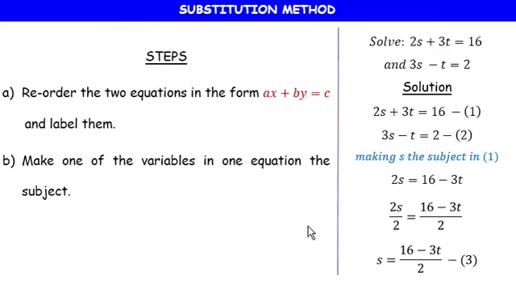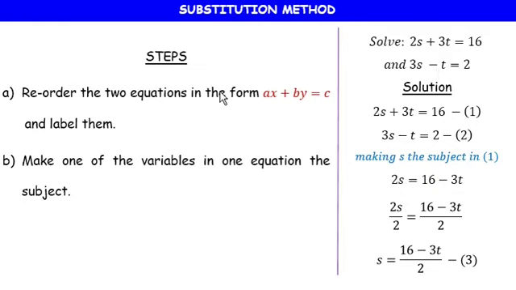So the second method of solving simultaneous equations is what we call the substitution method. So let's take this example and see how to solve simultaneous equations using the substitution method. We have to solve 2s plus 3t is equal to 16 and 3s minus t is equal to 2.